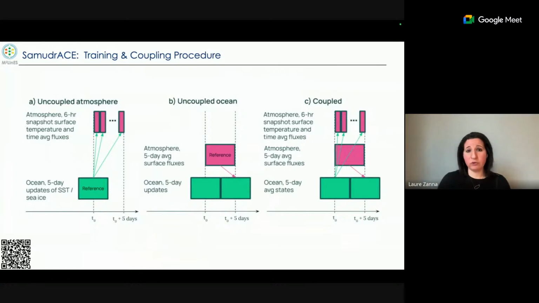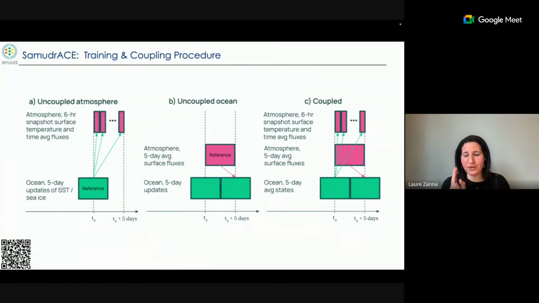We found that to be more reliable for exchanging the fluxes, so that the emulators learned, if you want, a ground truth before they get coupled with some of the imperfection of each other. We found that to be an important step in the coupling procedure. We've been exploring a few ideas there, but so far it's been the most successful way to build the emulator.